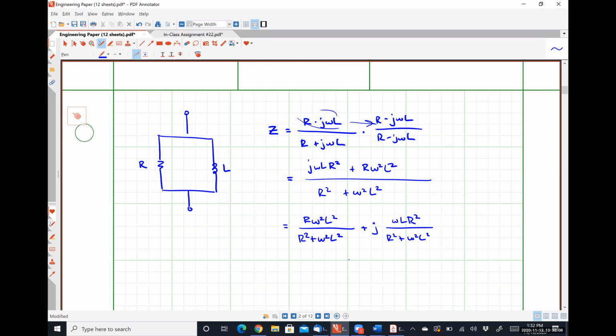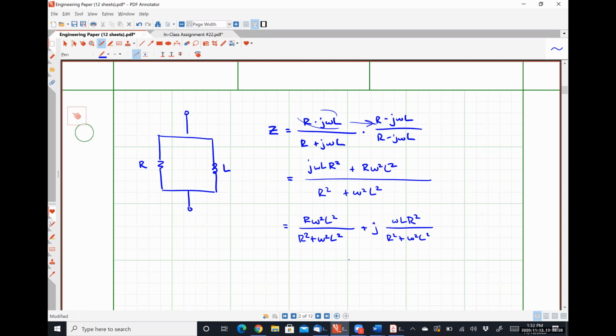And when I have a resistor and inductor in series, I also have a lagging power factor for the exact same reasons. If I did this for a capacitor, we would see that it's going to have a leading power factor regardless of whether the resistor is in parallel or in series with the capacitor.